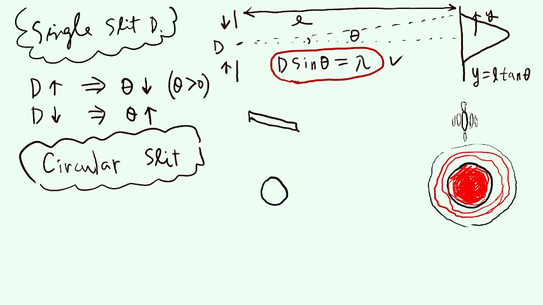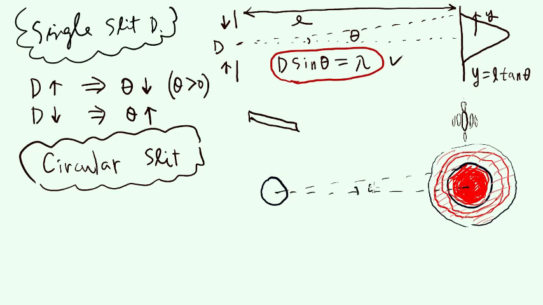For this discussion, let's again ignore this side band, which is kind of faint here, right? The faint side band. We will just take this central peak, and again, the angular spread is given by a similar formula.